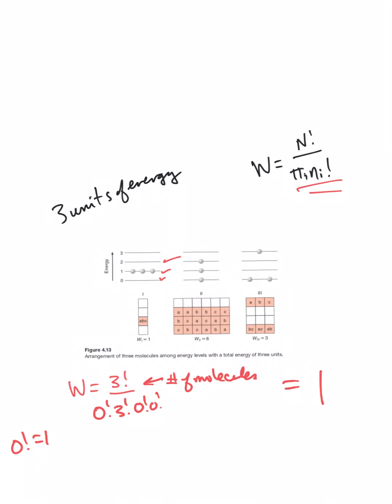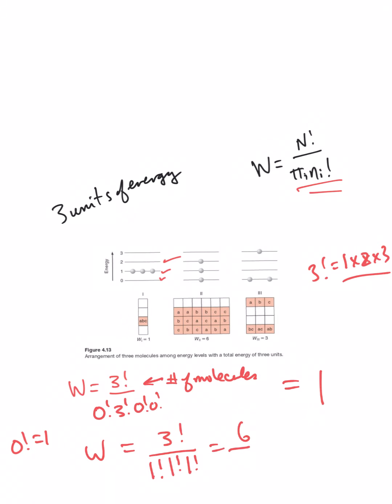For the second arrangement, the numerator again is 3 factorial. By the way, 3 factorial, if you've never seen that before, means 1 times 2 times 3, which would end up being 6. So it's 3 factorial over, in this case now, 1 molecule in the ground state, another molecule in the first excited, and another molecule in the second excited.